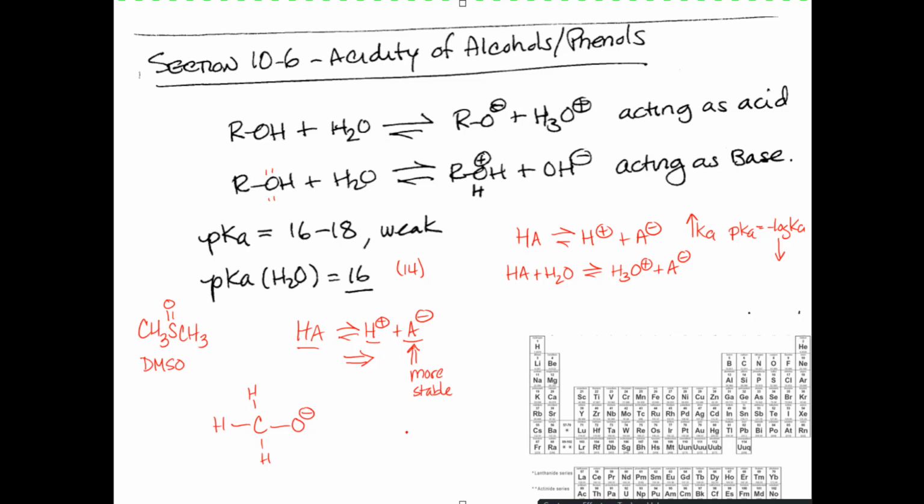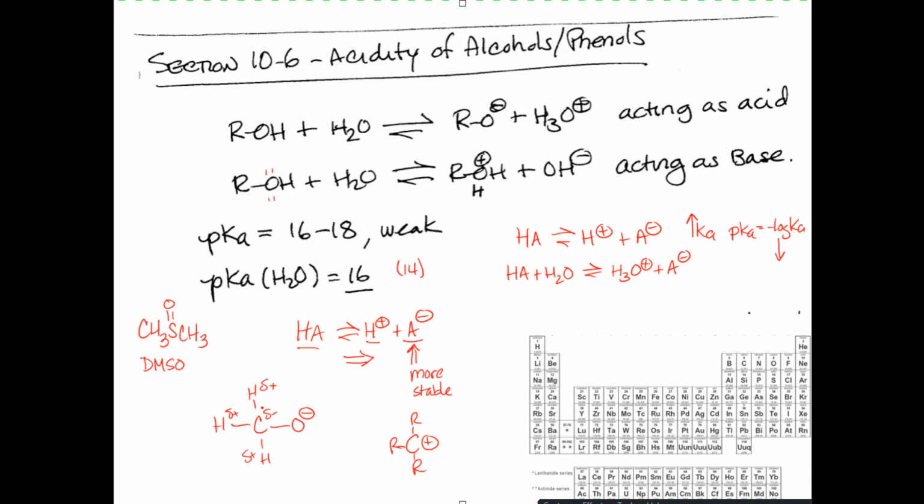Remember that a tertiary carbocation is more stable than a secondary, more stable than a primary. Why? Because when you have an alkyl group, the hydrogen is slightly positive, and the carbon then becomes slightly negative at the expense of the hydrogens.